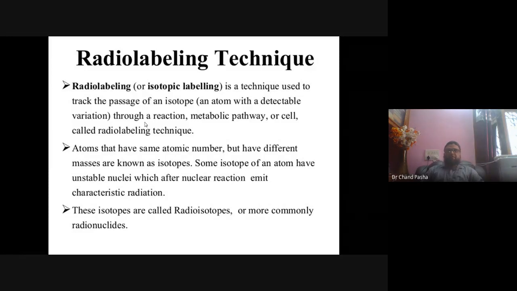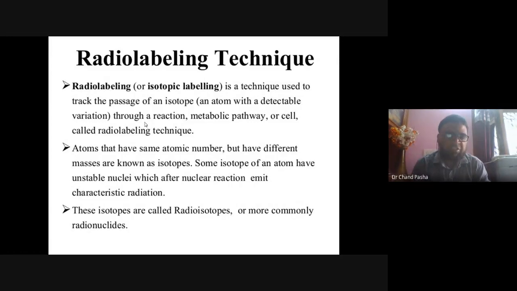And for Hershey and Chase to confirm that DNA is the genetic material, they used phosphorus and sulfur radioisotopes. They are the heavier molecules actually, used instead of the normal ones.